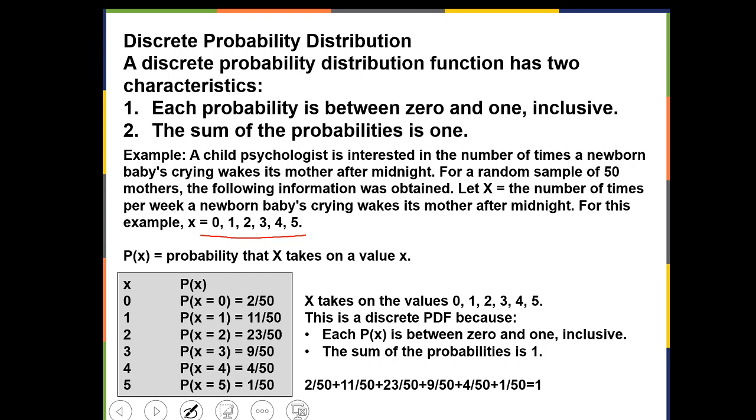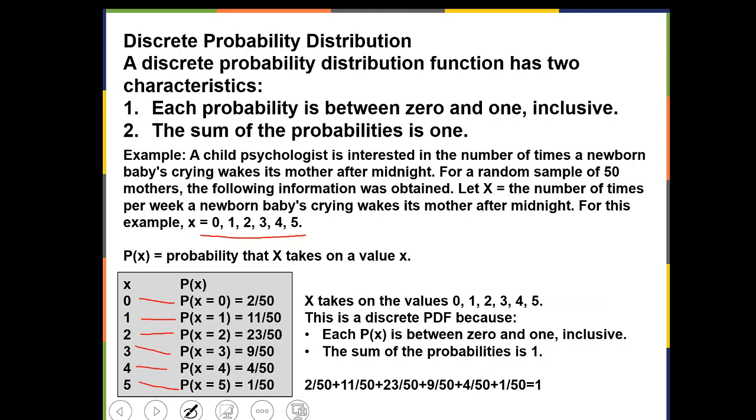Okay, so now what are the probabilities? Well, the probabilities are given based on the data they had. So 2 out of 50 said 0 times, right? And then 11 out of 50 said 1, and so forth. So we have numbers and we have probabilities.